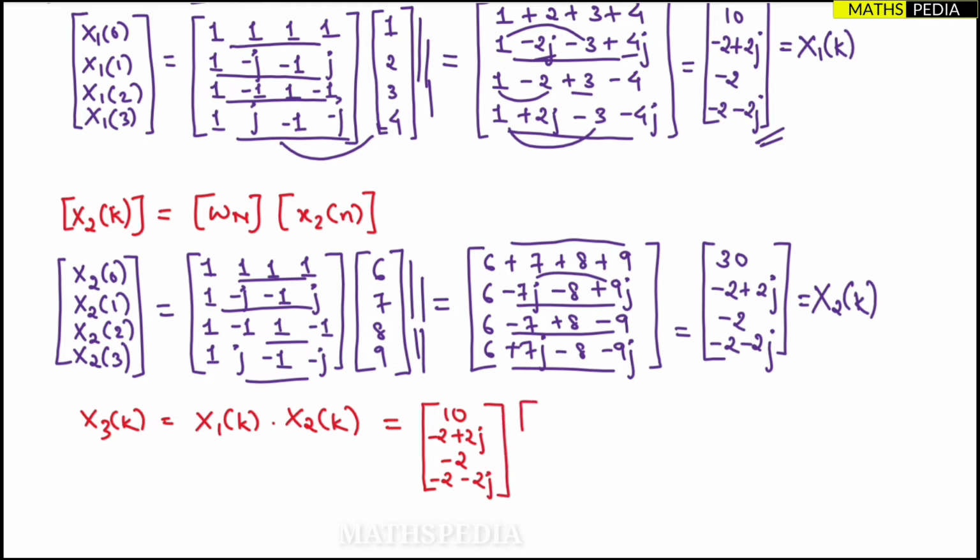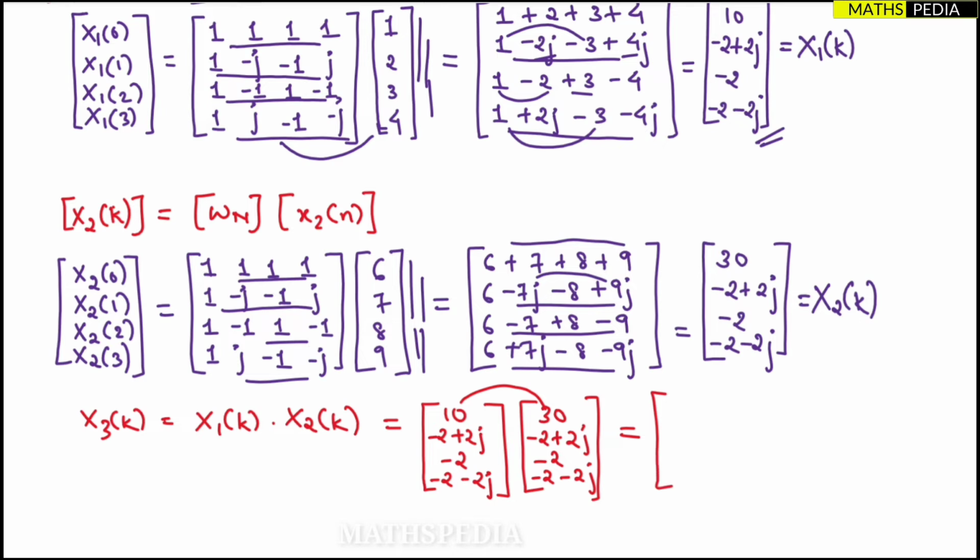Then we have the second matrix which is x2 of k, which is 30, minus 2 plus 2j, then minus 2, minus 2 minus 2j, right? So how to multiply this? We have to multiply each element of the first matrix with the corresponding element of the next matrix. Okay, so this is how we have to multiply.